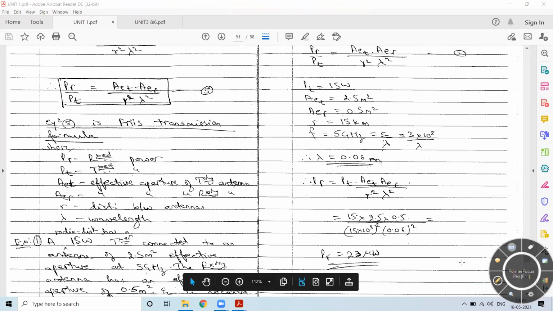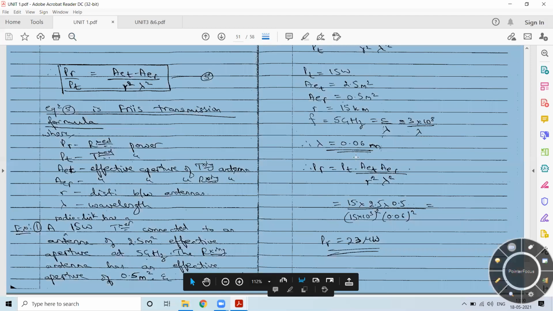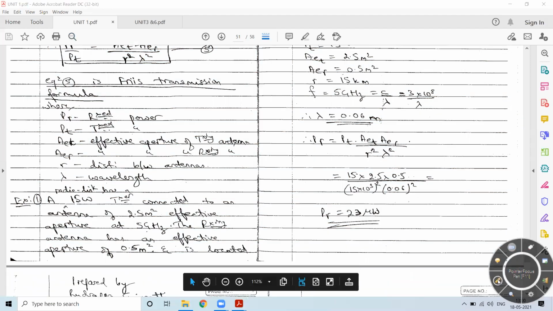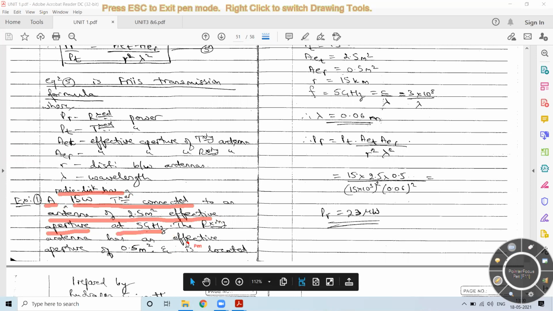Now let us solve one problem related to the Friis transmission equation, using this equation. Here we can see that a radio link has a 15-watt transmitter connected to an antenna of 2.5 meter square effective aperture, and it is operating at 5 gigahertz.